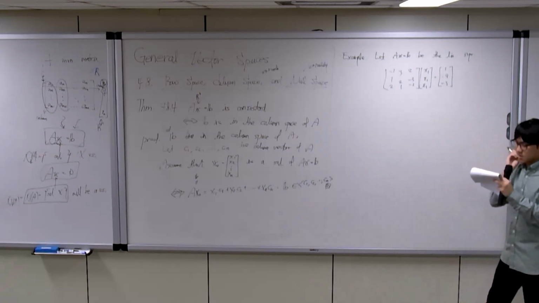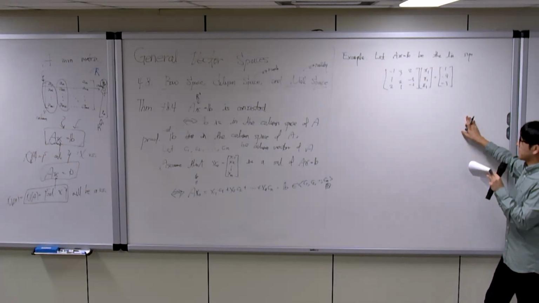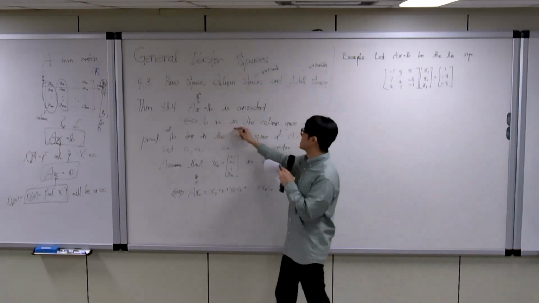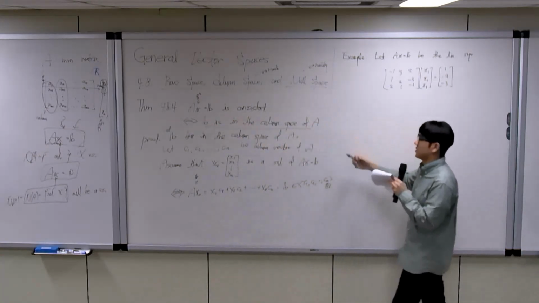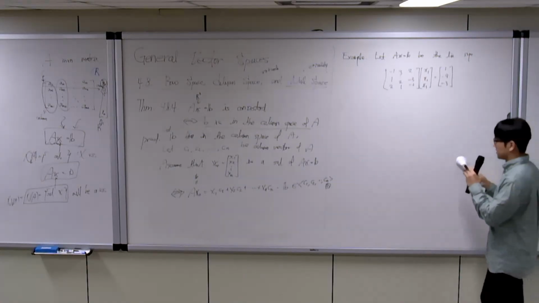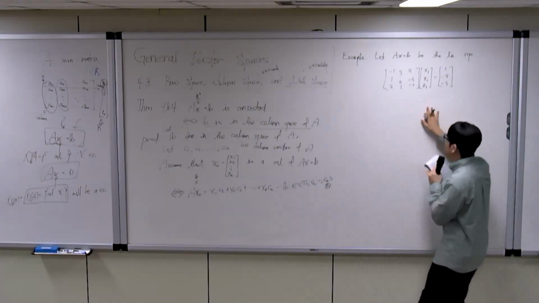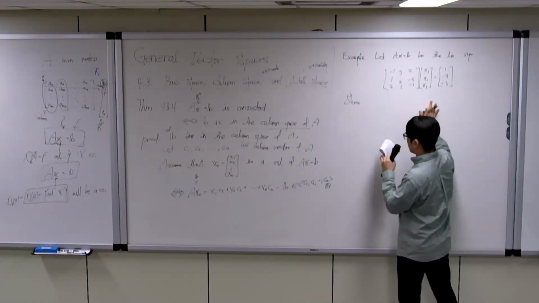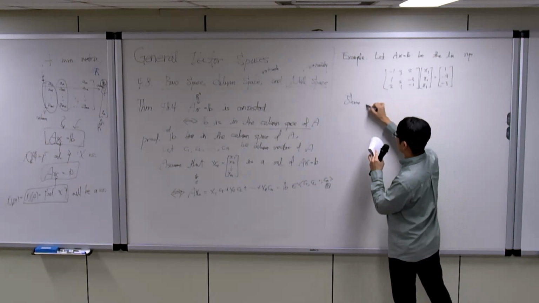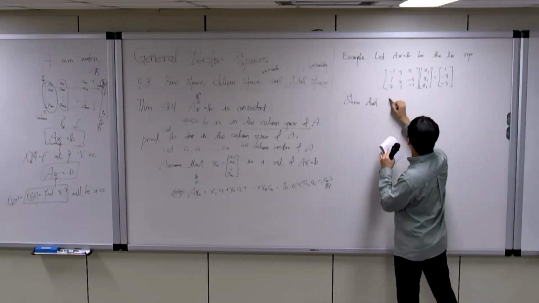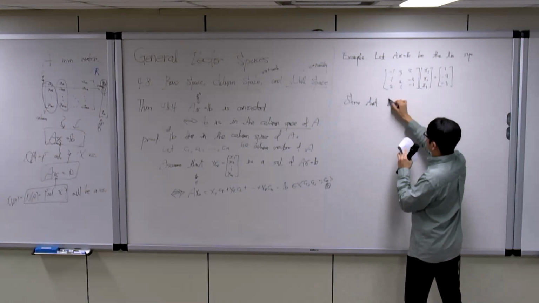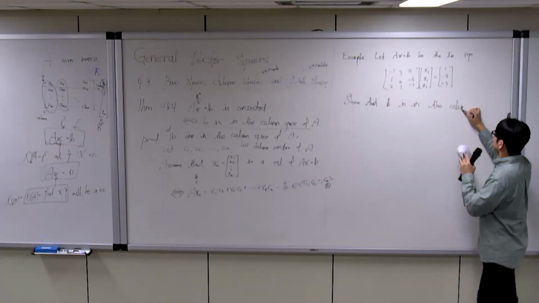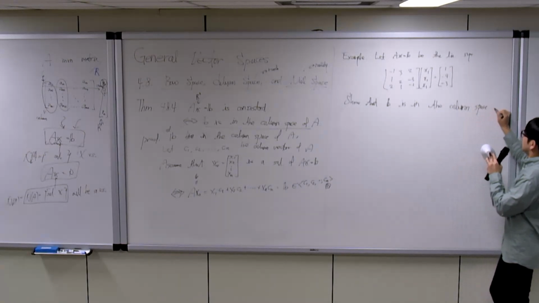The example is to show that b is in the column space, because that means the linear system has at least one solution. So by finding the solution of the linear system, we will show that b is in the column space of A.